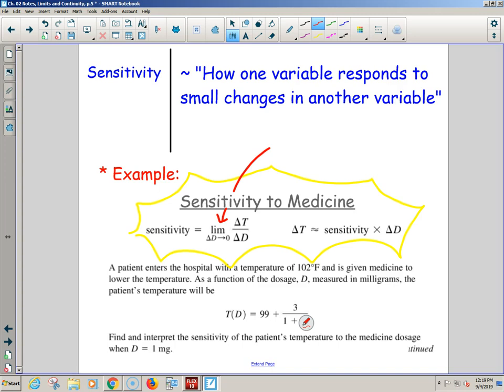When we're normally doing this, isn't it the limit as change in x goes to 0 of change in y over change in x? f of x plus h minus f of x, that's a change in y over change in x. So who's what? Isn't t my y variable, my dependent variable? And isn't d my dependent variable? I said that backwards, I apologize. Isn't t my dependent and d my independent?